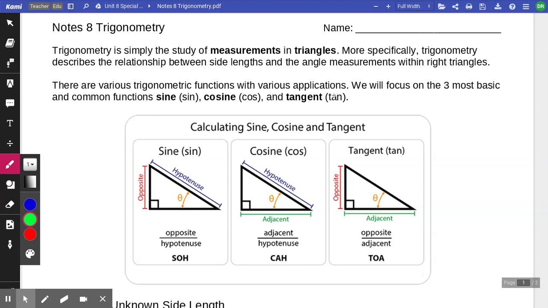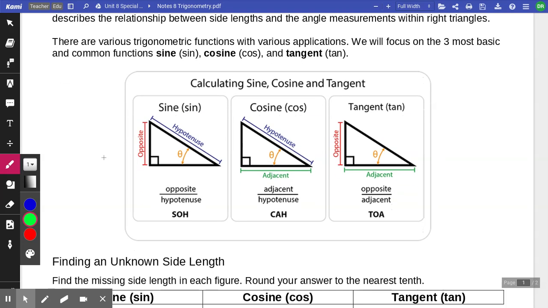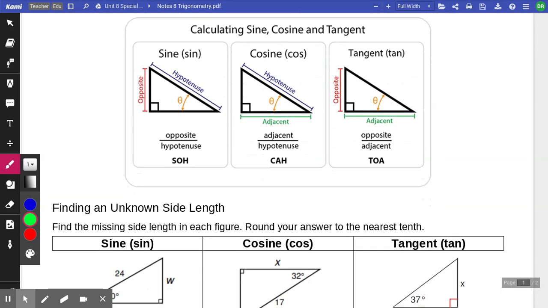So how this works is, in this diagram here, if you want to talk about the sine of an angle, and a very common variable to use for angles is the lowercase Greek letter theta, and it looks like a circle with a slash through it. That is a Greek letter. It gets used for angle measurements very frequently.